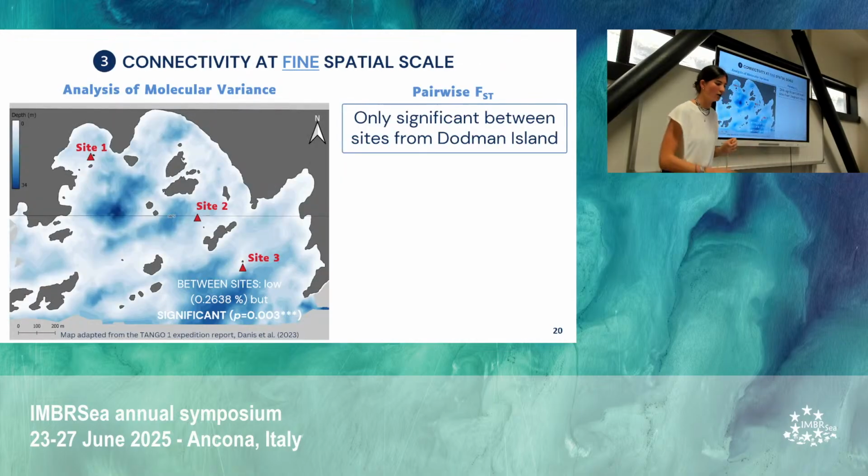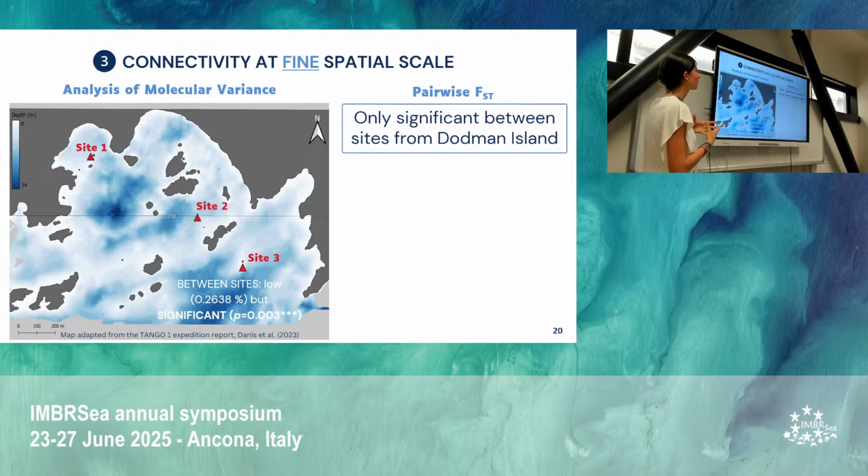We also looked at genetic differentiation and connectivity at the finest spatial level, so between sites coming from one same location. Between sites, the analysis of molecular variance again revealed a low but significant proportion of genetic variance attributed to differences between the sites.